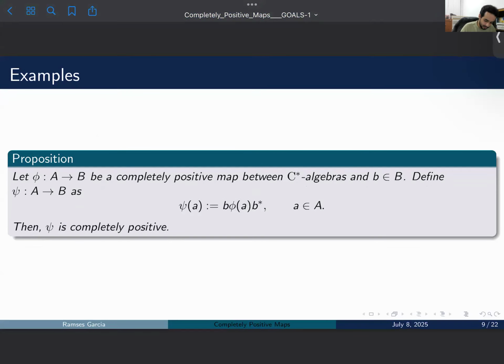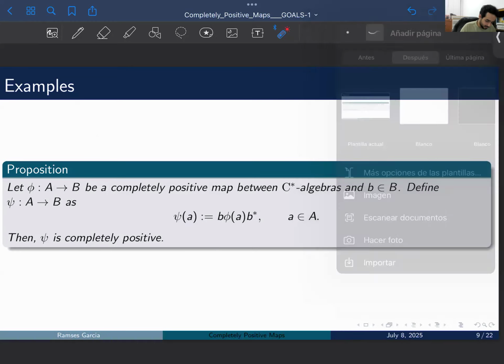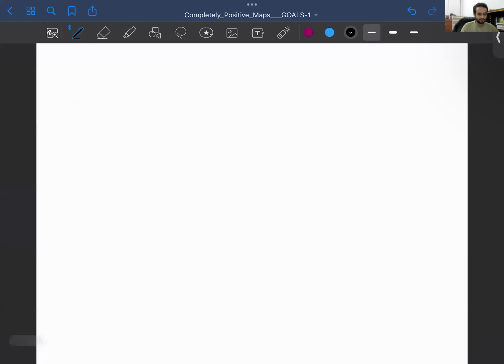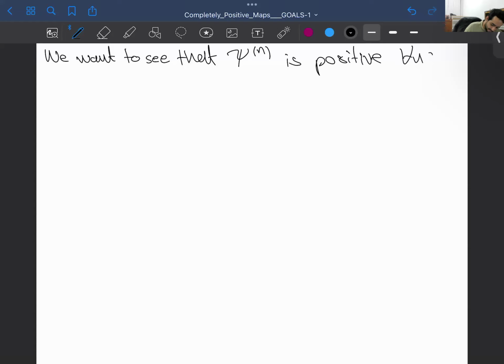So for the proof, we want to see that Cn is positive for every n. So let's take a matrix and assume that this matrix is positive.